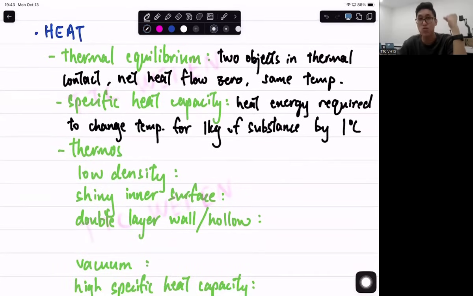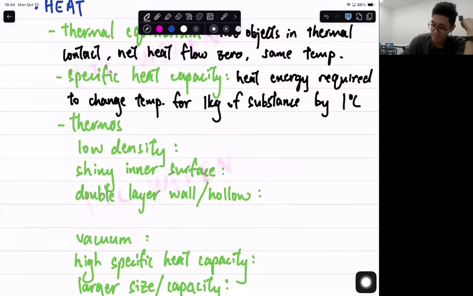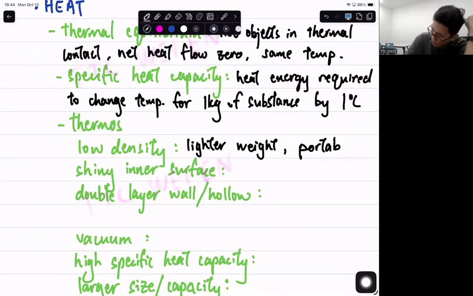Now, let's say they ask you to design a thermos, a container for food, that I want to try to keep the food warm for as long as possible. Why do I choose something with low density? Because again, it is lighter weight. It is more portable. Why should I choose a shiny inner surface?